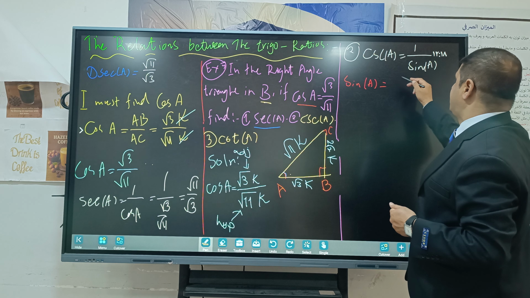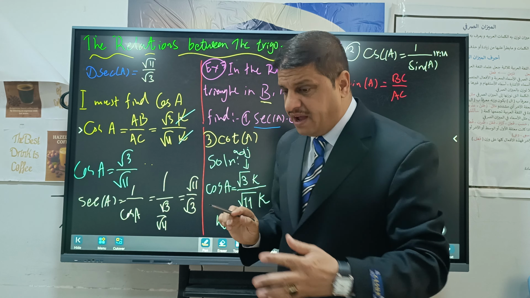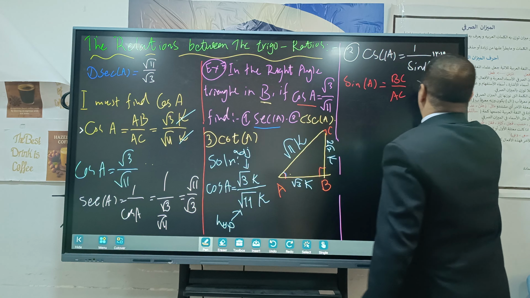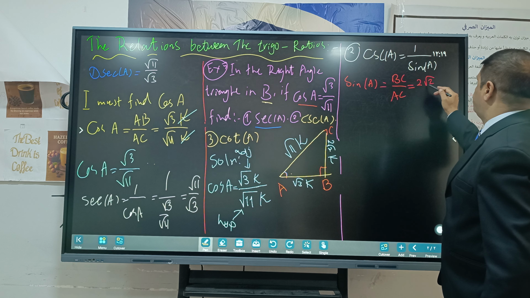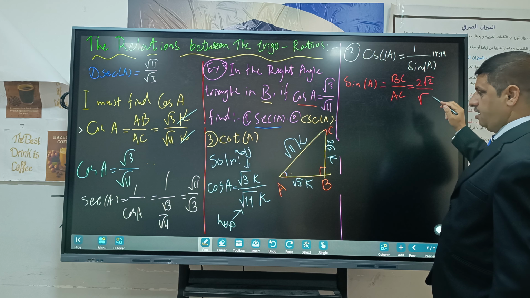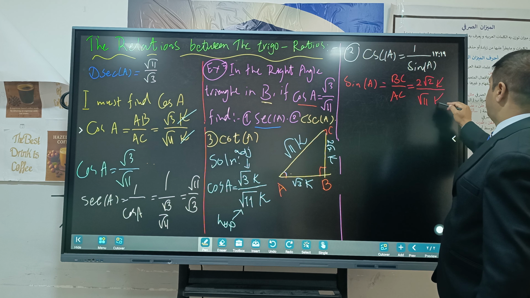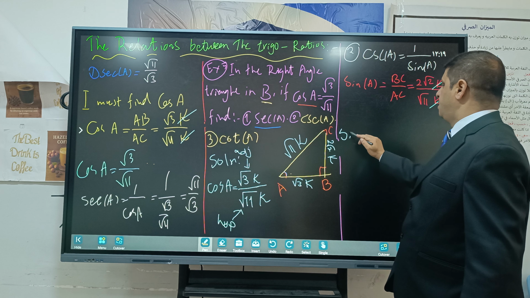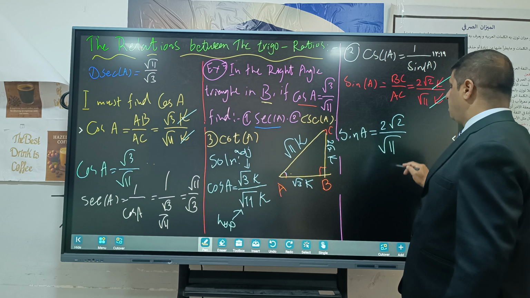BC divided by AC, the opposite divided by the hypotenuse. So BC, 2 square root of 2k divided by square root of 11k. Okay, also I will cancel this k with this k. Sine A equals 2 square root of 2 divided by square root of 11.